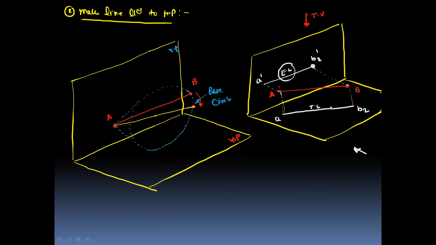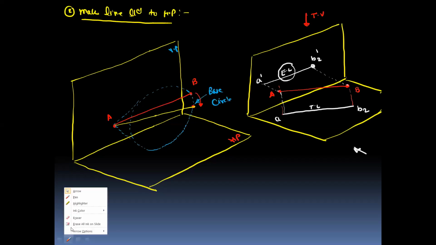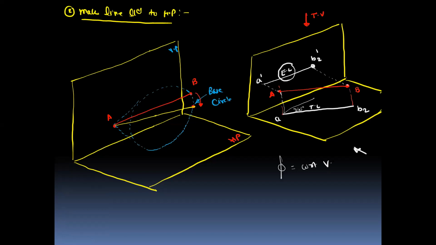So this true length is drawn at an angle of 45 degrees, because 45 degrees is the phi angle, that is the angle with respect to the vertical plane. Okay, and this is the true inclination, or this is the true angle. So this true inclination with the vertical plane is visible in the top view.